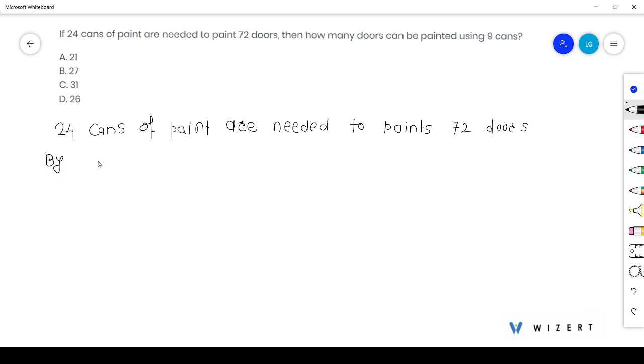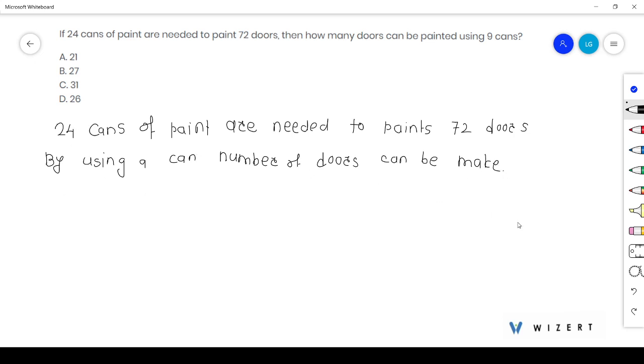So, by using a can, the number of doors that can be made.